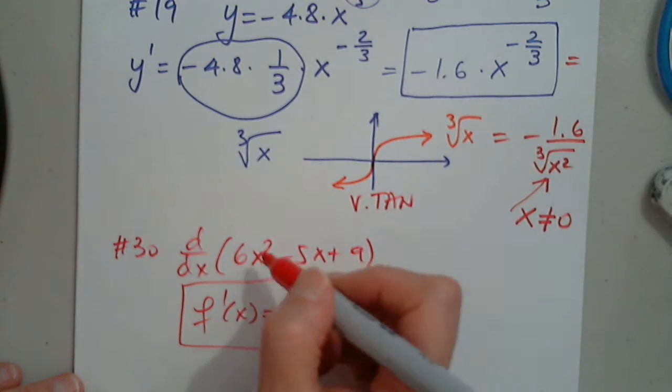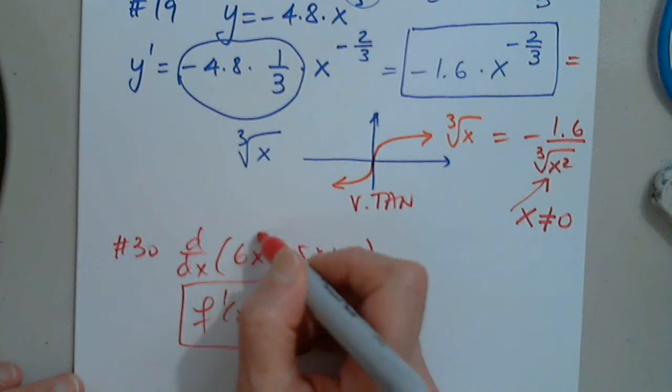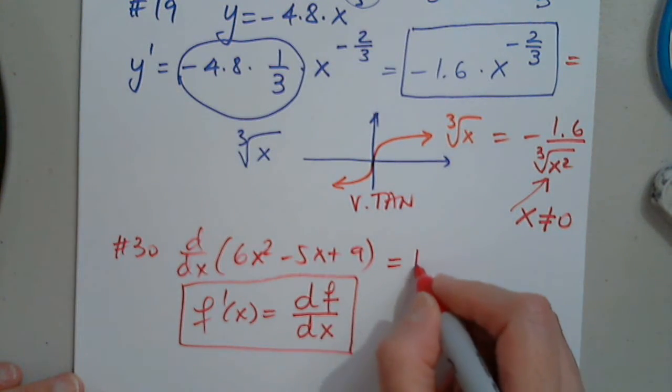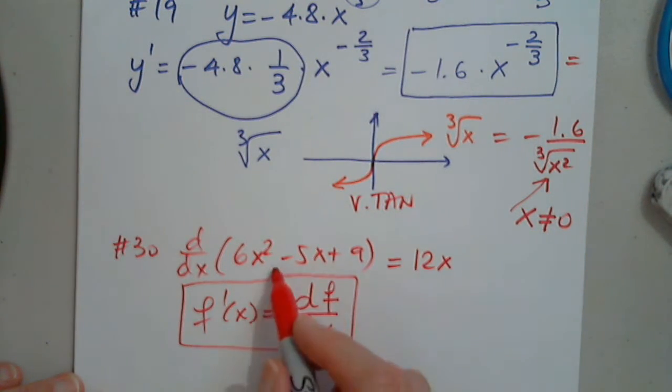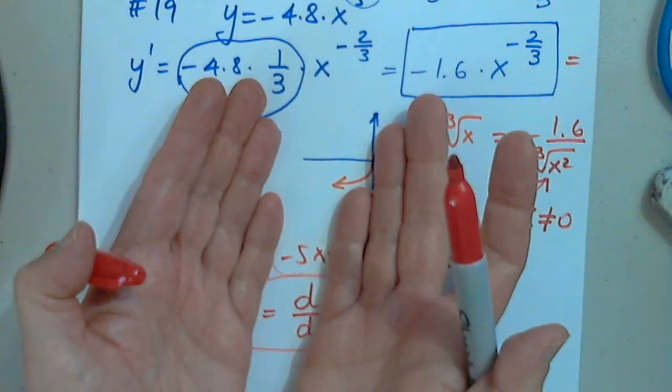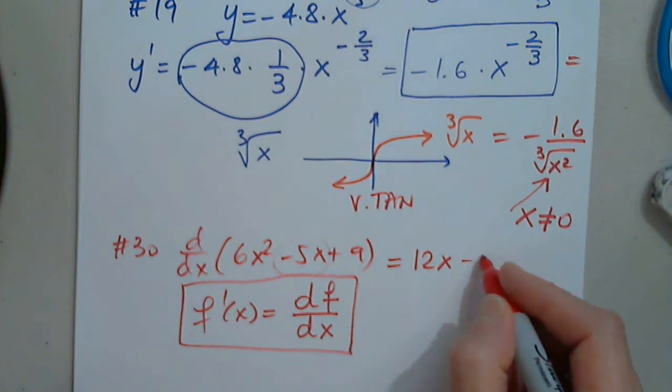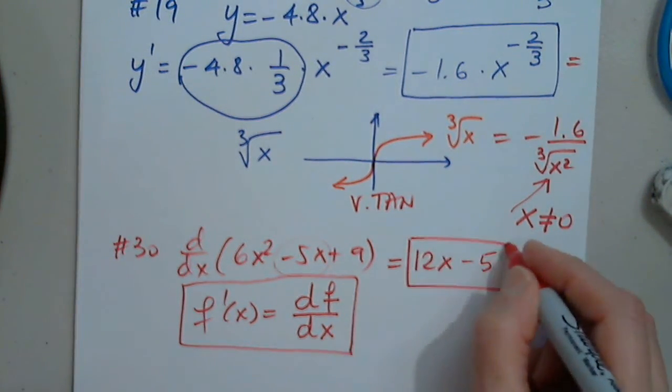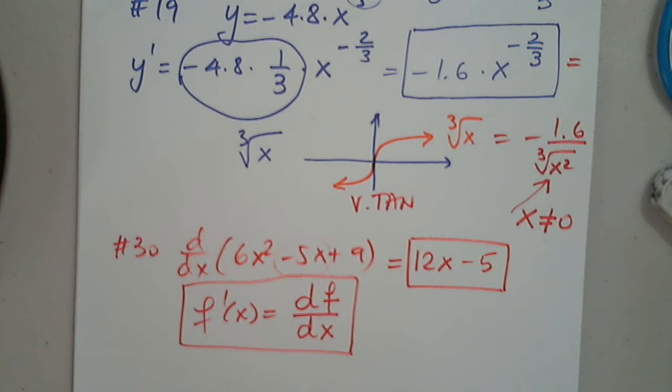Okay, so I'm going to differentiate, bringing 2 down, multiply by 6. So I get 12x. And when I differentiate this, the derivative of x is 1, or just the slope of this function is negative 5. And this is it. Good pick. Thank you for pointing that out.